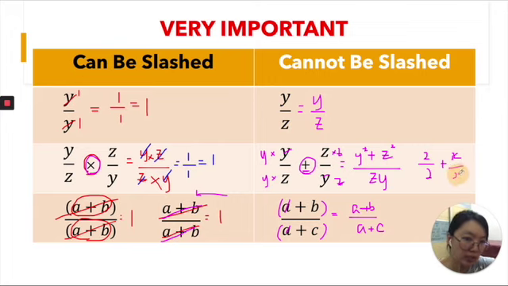Then this one you can slash them off because this is a single one. So you'll have 1 plus 1 and the answer is 2. This is the only thing that you can slash off when you have plus in between. Only the top and the bottom when they have the exactly same thing. And this, you can't do that. Don't ever try that in a plus.